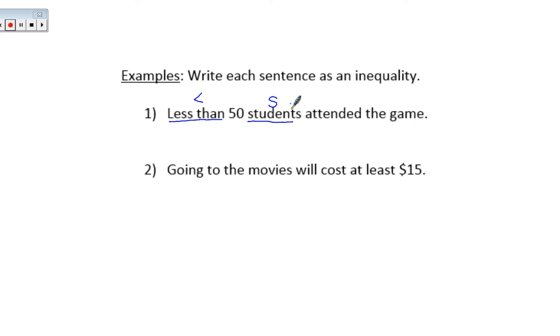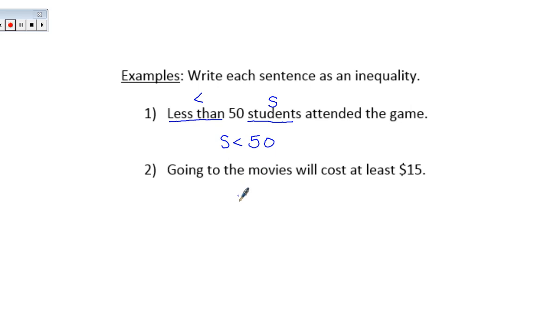We don't know what it is, but we know that it's less than 50. So to write this inequality, we're going to say S is less than 50. It can't equal 50 because it didn't say less than or equal to, otherwise we would have drawn the line underneath to say both, but in this case it was just less than.